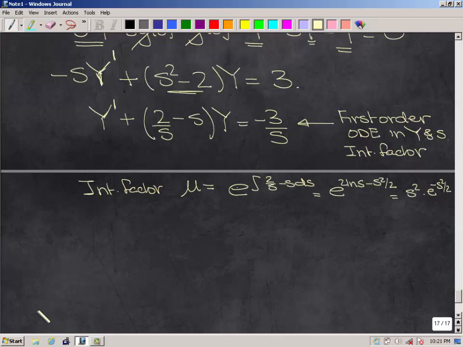So that's what we end up with, right? And then if you recall, the solution was what? It was y, little y or big Y in this case, 1 over the integrating factor.